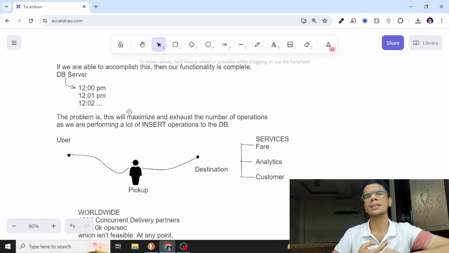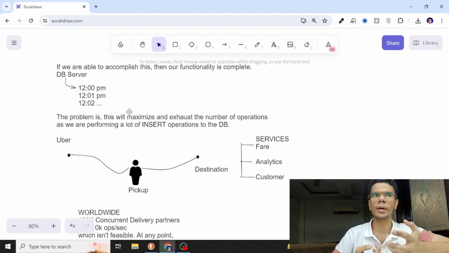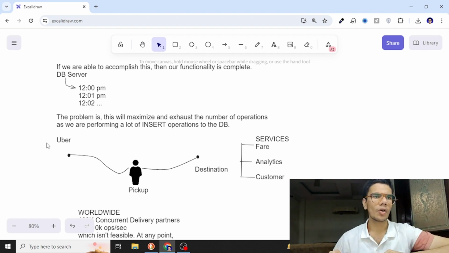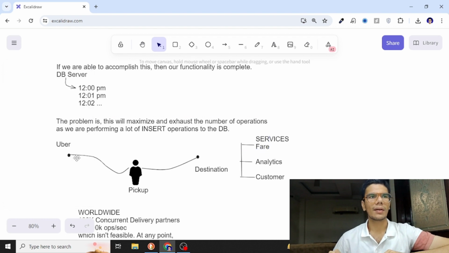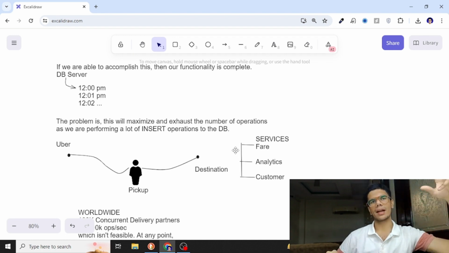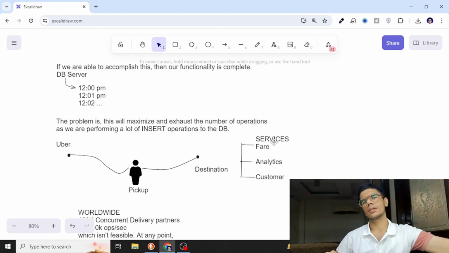We can also consider this via the example of Uber, or any application you use to book cabs, which uses the same functionality. With Uber, the delivery partner picks up the customer and drops them at the destination. Meanwhile, they have to take care of all the services they are handling.